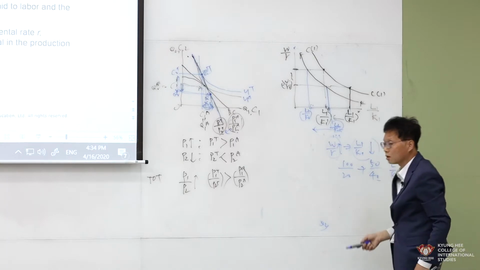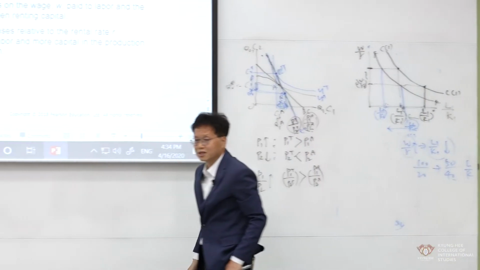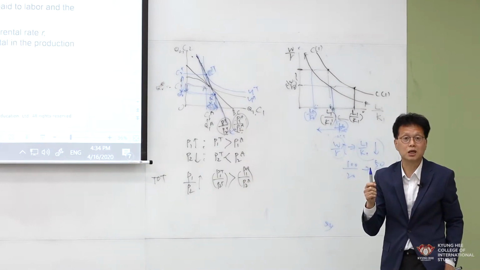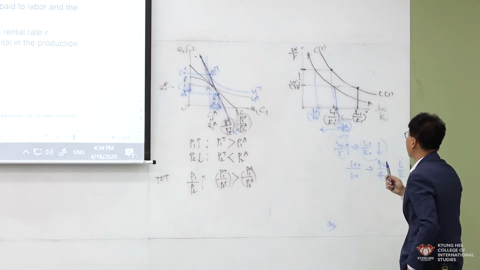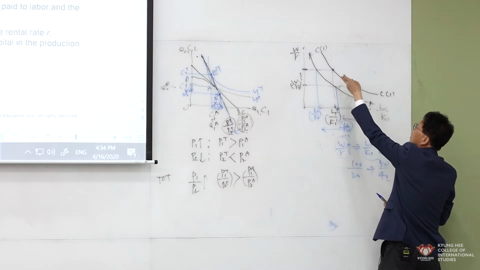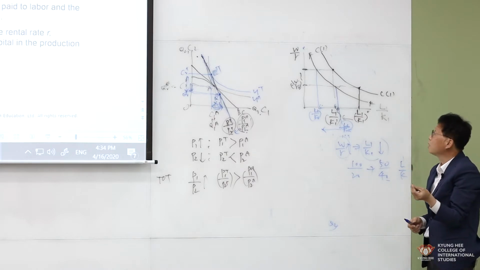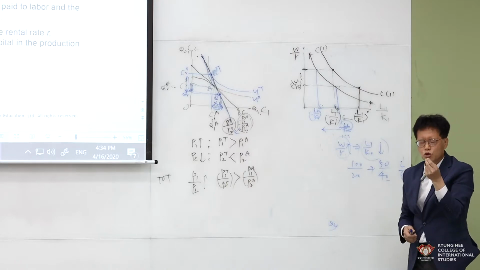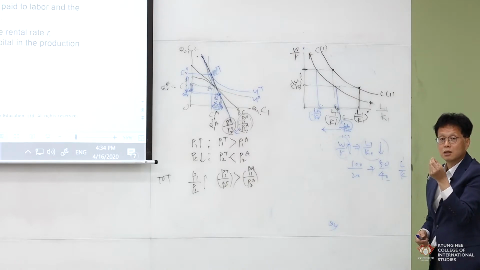Anyway, this CC curve and FF curve are usually derived from the cost minimization problem. I already explained that. And the FF curve is located inward of the CC curve. Why? Because C production, or Q1 production, is labor intensive.